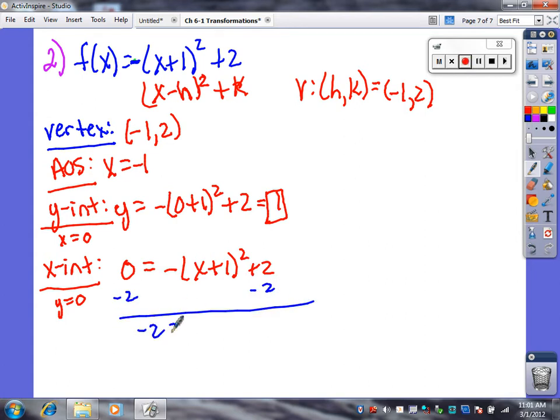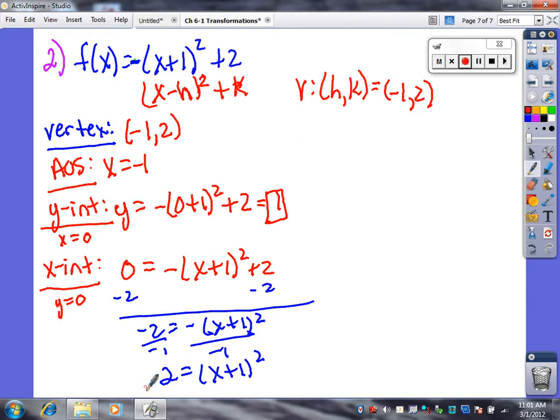We have negative 2 equals negative times x plus 1 squared. You need to get this isolated and all by itself, so there's really a negative 1 hanging out here. So I'm going to divide by negative 1 to get 2 equals x plus 1 squared. Okay? And at this point, we can take the square root. We're going to get some funky answers on this one.